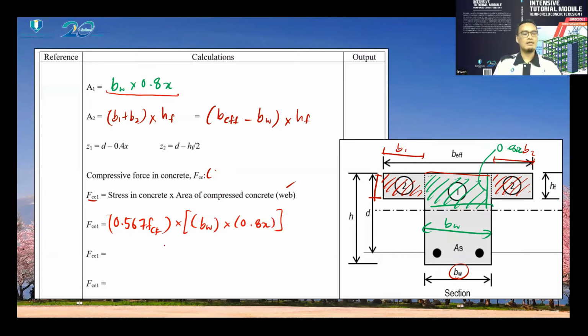You insert the value of fck and bw in this equation. So you shall have here, what is the answer? 2835x. The unit is in Newton.